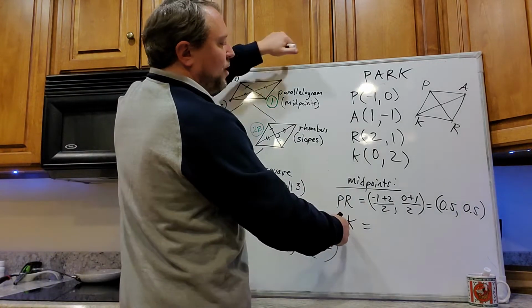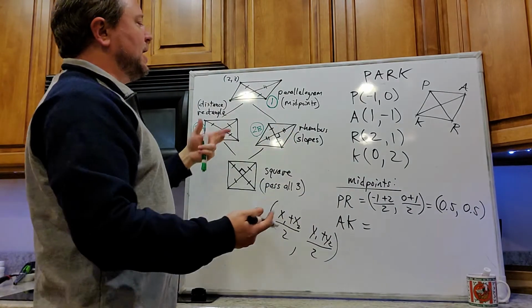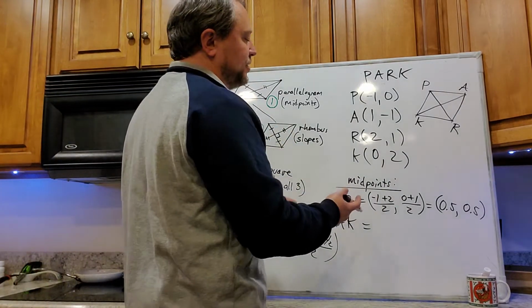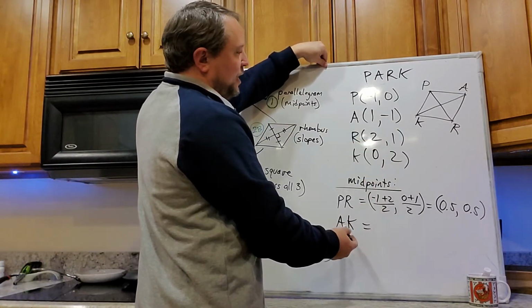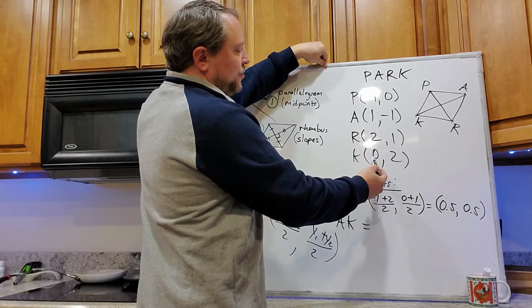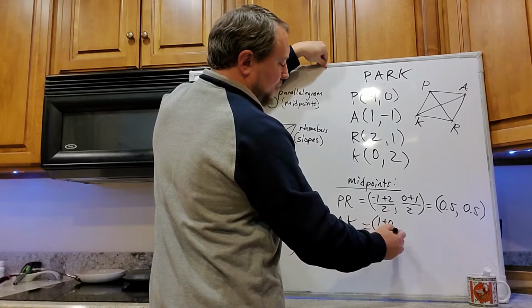Okay, let's do the same for AK and see if we get a match. Remember, if we don't get a match, then it's not a parallelogram, and it's none of these. So if it fails this test, we can stop there. Okay, but let's see what happens for AK. For A, my X value is 1. For K, it's 0, so I'm averaging together 1 and 0.